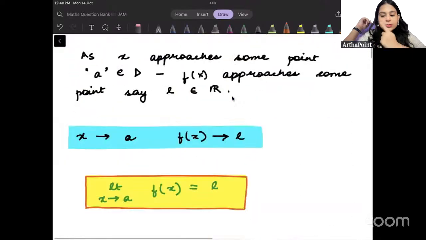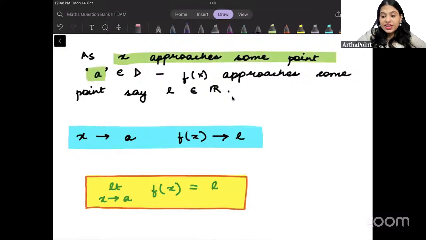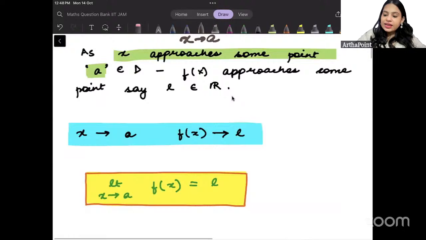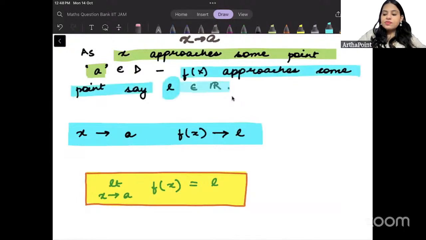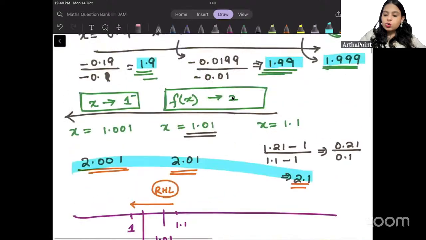Okay. So as x approaches some point A, you are not putting x equal to A. That's not the point. You are approaching A. You are going closer and closer to a number A, like here, I was going closer and closer to 1. Then the function approaches some number, say L, which belongs to the real numbers. Here the function was going closer and closer towards 2.